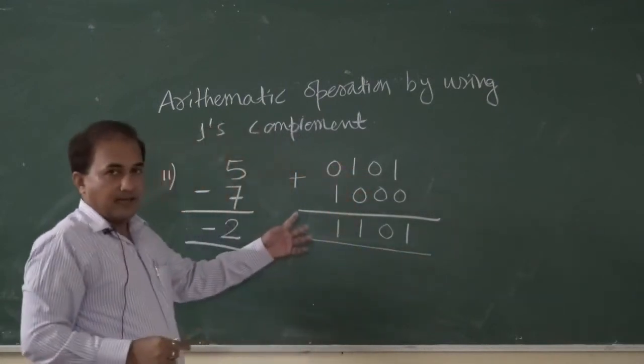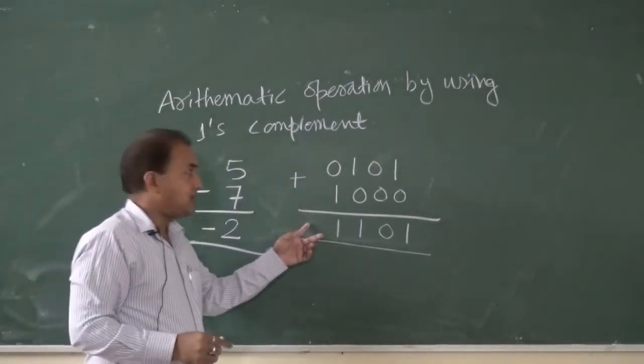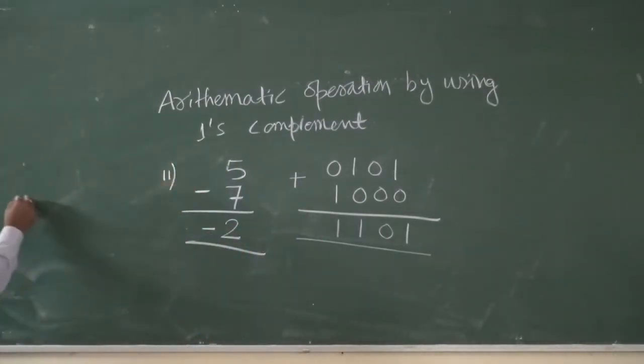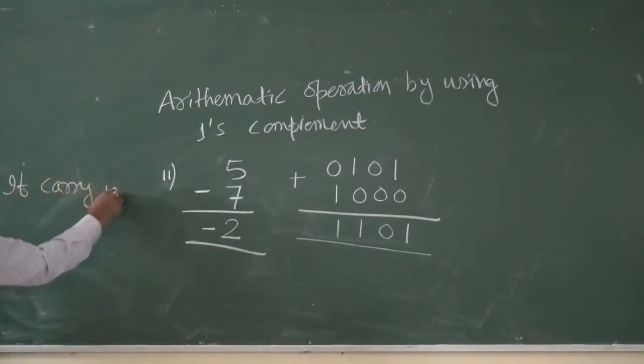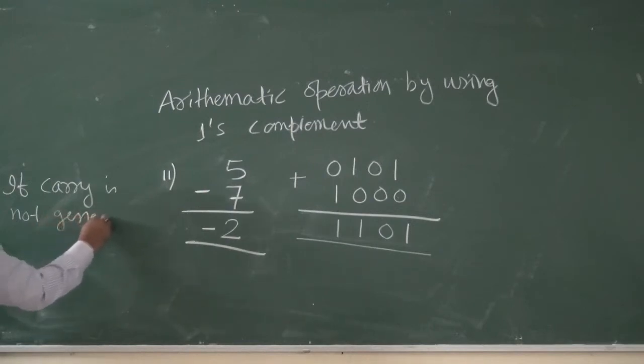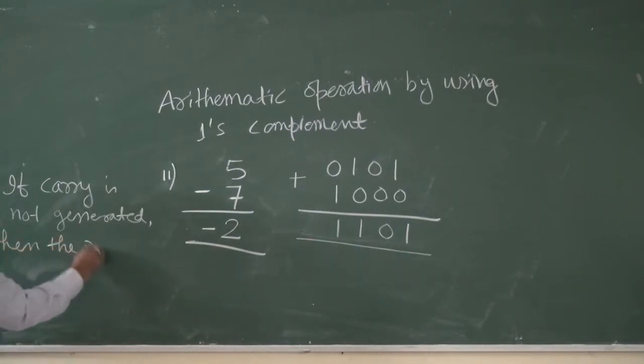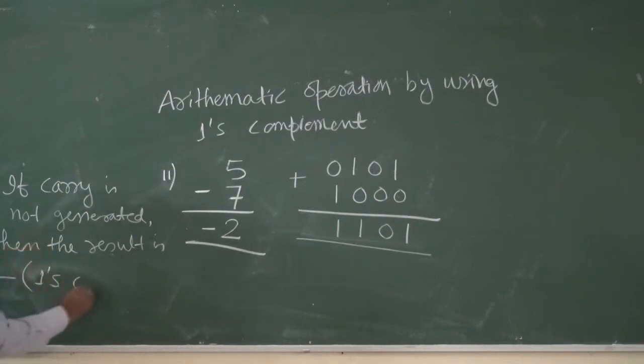Now see, here carry is not generated. So you can write, if carry is not generated, then the result is a negative number in one's complement.